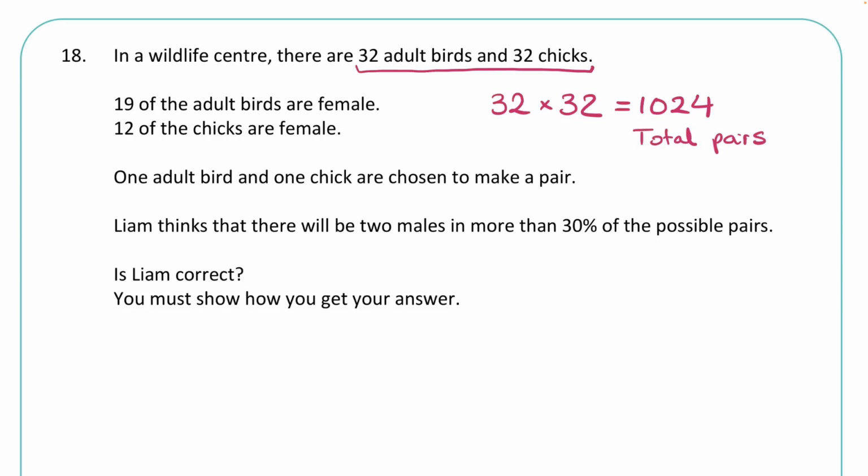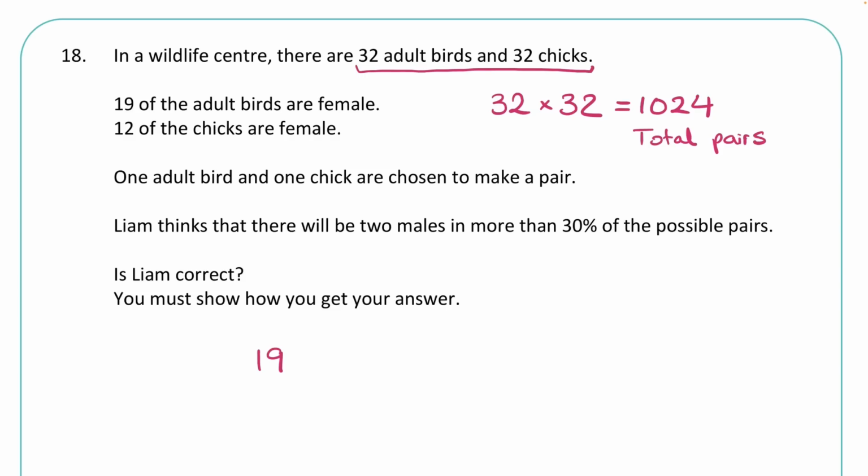Now what this question is asking about is whether there will be 2 males or 2 females essentially, but it says Liam thinks there'll be 2 males in more than 30% of the pairs. Well, this information that's given to us is about females. So in the adult birds, there are 32 adult birds and 19 are female. So when working out the total amount of females, we could have 19 in the first pick when we are picking the adult birds.